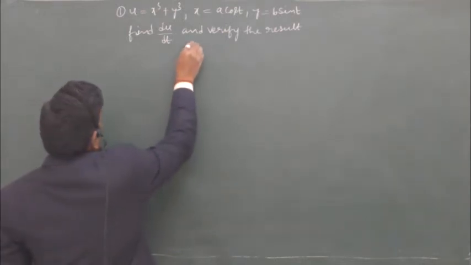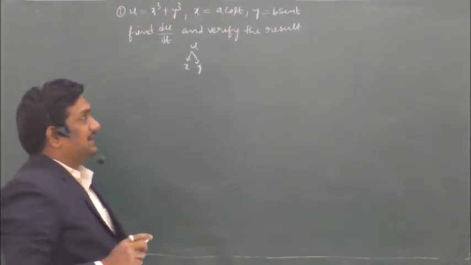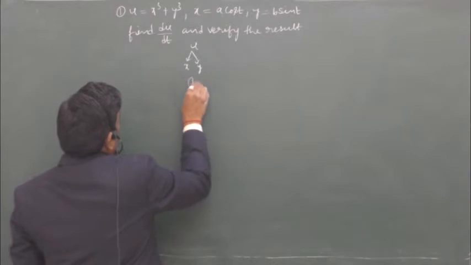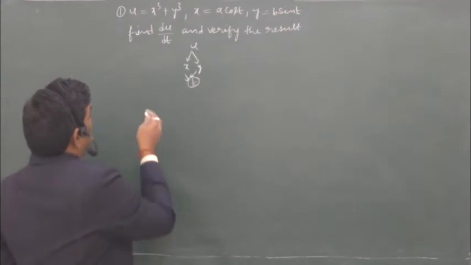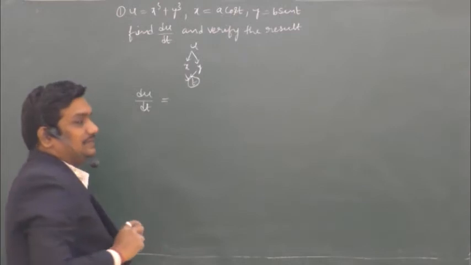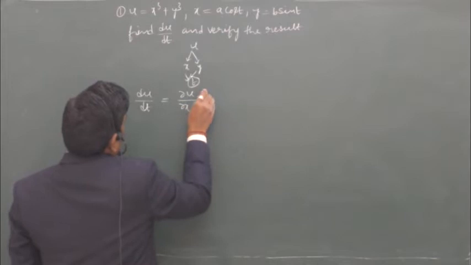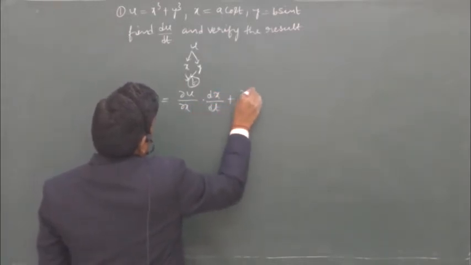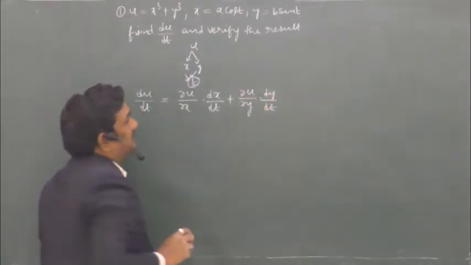So here u is a function of x and y, and small a is constant, small b is constant. So x and y both are functions of t. Now you can write the formula for du by dt. It will be the derivative of u with respect to the first variable x into the derivative of x with respect to t, plus the derivative of u with respect to the second variable y into the derivative of y with respect to t.